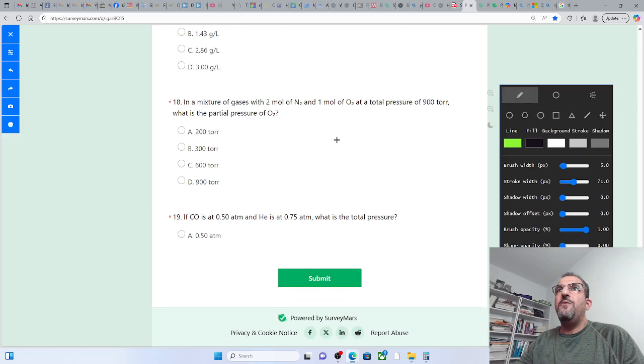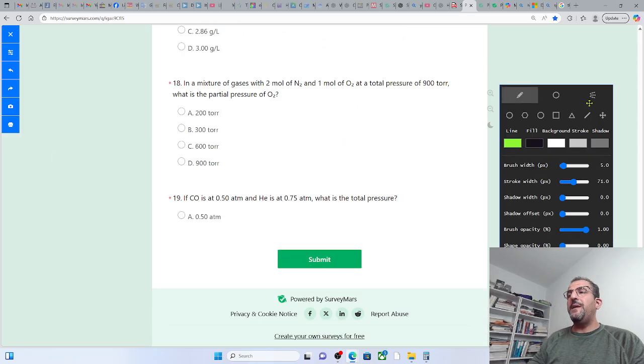I will now move to problem 18 and see how we can do this problem. In a mixture of gases with 2 moles of nitrogen and 1 mole of oxygen at a total pressure of 900 torr, what is the partial pressure for oxygen?